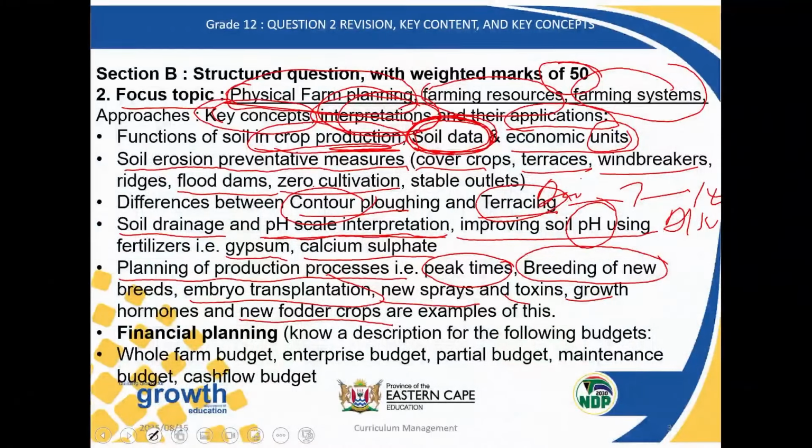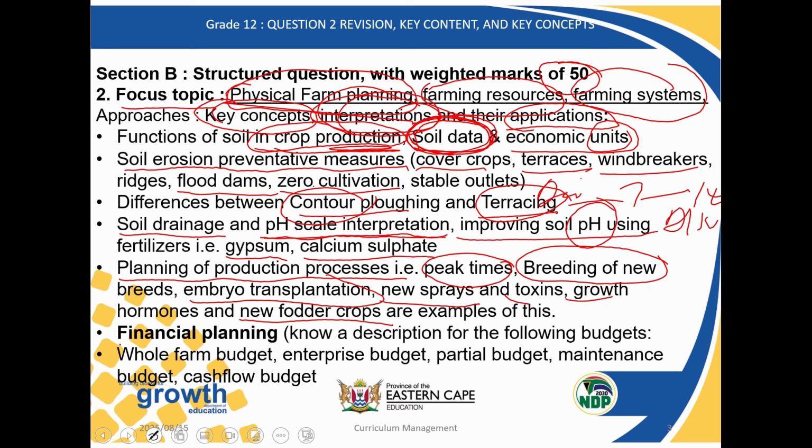your breeding season, your embryo transplantation, your new sprays, your toxins, your growth hormones, new fodder crops. And these are some of the examples. In terms of your production processes, when are you going to have many? So you should factor all of those in your planning, because you are so focused on making sure that you maximize your planning.